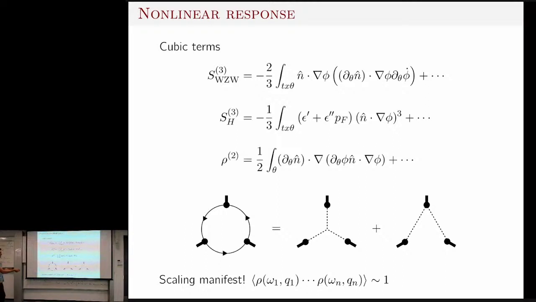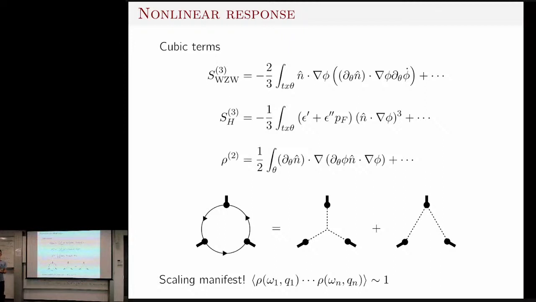I mentioned, let me go back a little bit. These interactions are irrelevant, and this is what explains why these fermion loops are not as big as you would have thought from naive dimensional analysis, because they involve an irrelevant vertex in the bosonic description. Here, for the 3-point function, you just have one insertion of this irrelevant vertex.